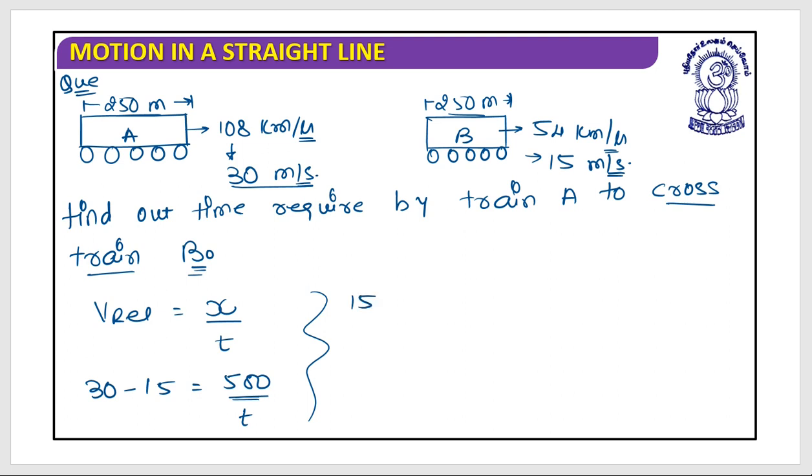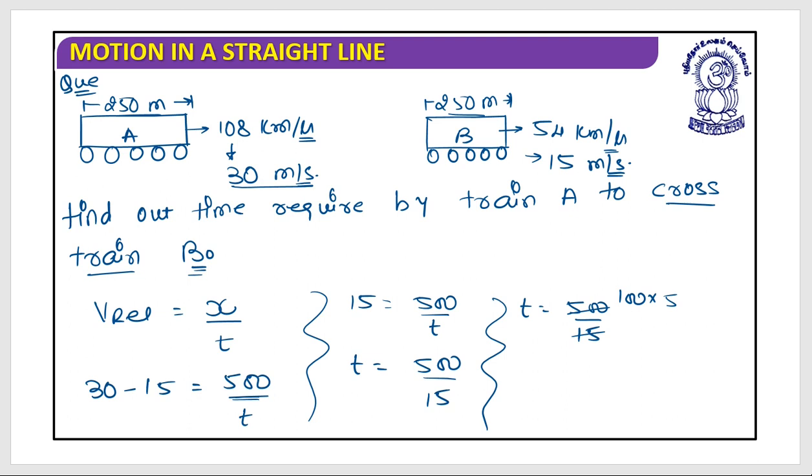It's 15 is equal to 500 divided by t. So t should be equal to 500 divided by 15. It's 100 into 5, and this is 5 into 3, so this 5 would be gone, and this could be 33.33 seconds.